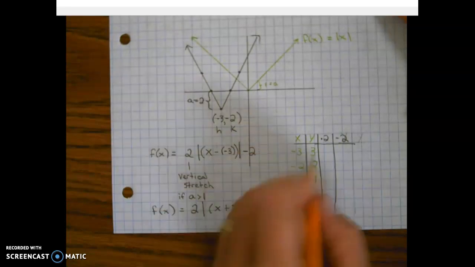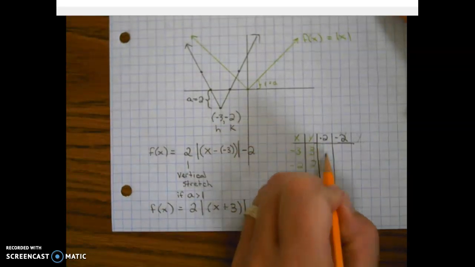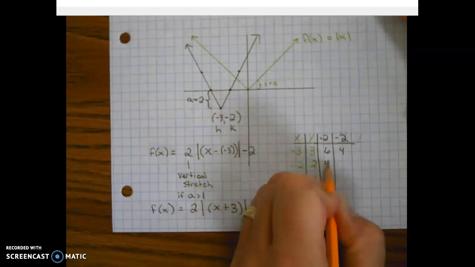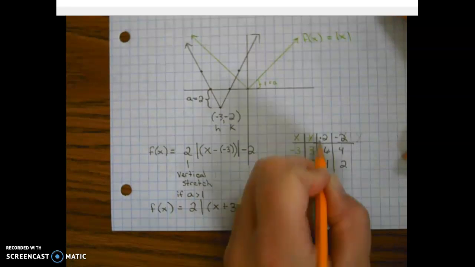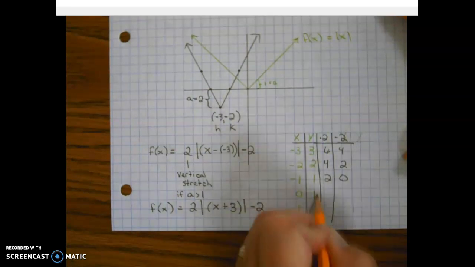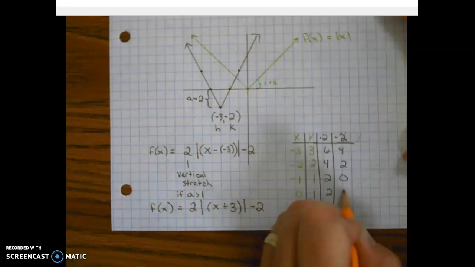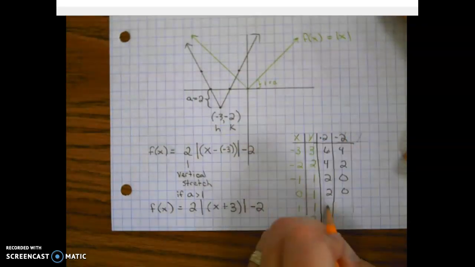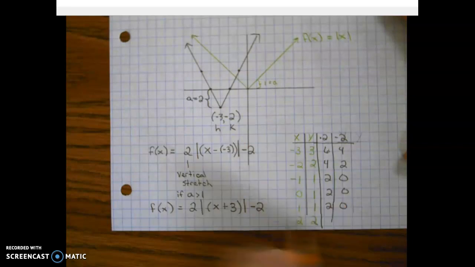So let's take a look. 3 times 2 is 6. 6 minus 2 is 4. Going to go relatively quickly now. Pretty simple calculations here. Hopefully I don't make any mistakes.